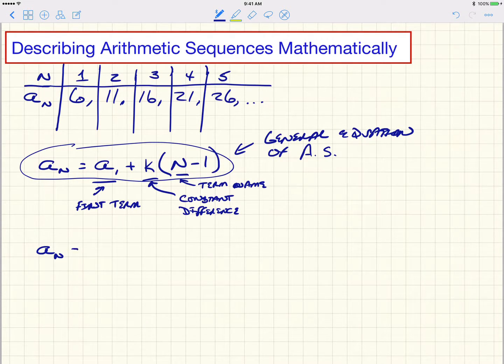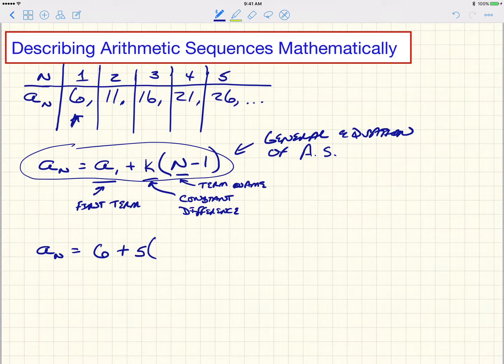So a sub n equals, what's our first term? Well, our first term is 6. So it's going to be a sub n equals the first term 6 plus, then, what is our constant difference? Well, we decided that our constant difference was going to be plus 5. So 6 to 11 was plus 5, 11 to 16 was plus 5, etc. So 6 plus 5 times what? Well, we're not identifying a specific value yet.